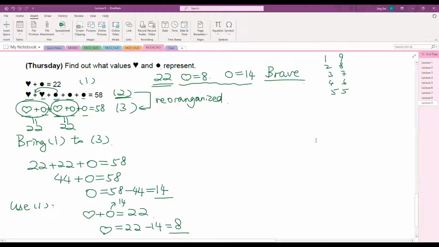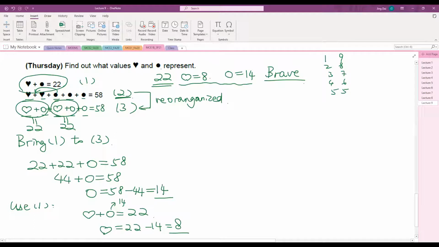So guys, the trick here is don't be afraid to switch things around, right? When you see something like this, you're like, okay, I know a heart and a circle is 22. Now I know 2 hearts and 3 circles is 58. How am I going to use equation 1, this information, easily in equation 2? Let me switch them around so that they are organized in an easier or more recognizable form for me to use equation 1. And that's exactly what we did.